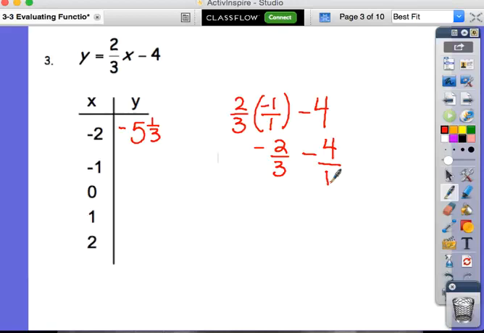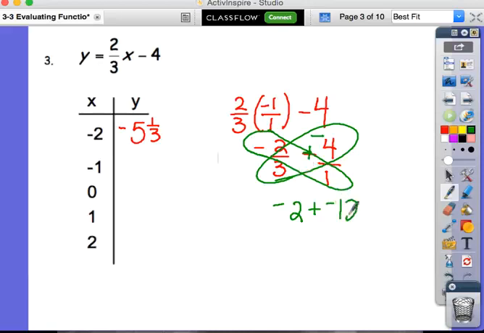All right? Now, remember that when you've got a negative and then a minus, you can add the opposite. And then they have different denominators. So remember our little fraction dance where we did -2 times 1 is -2 plus 3 times -4 is -12.